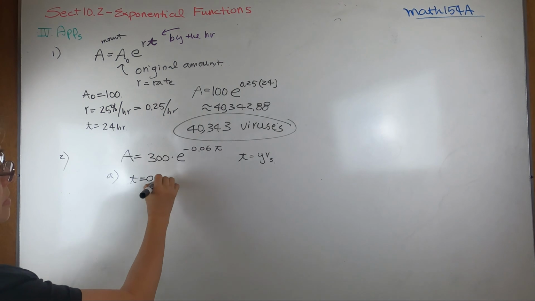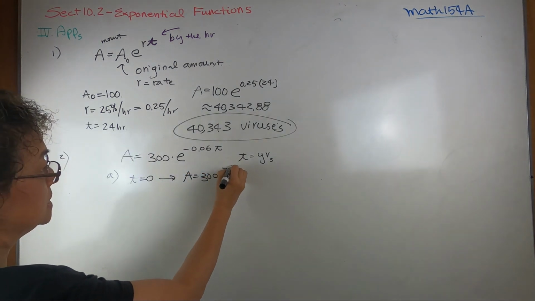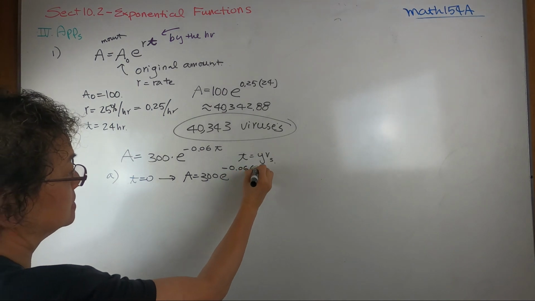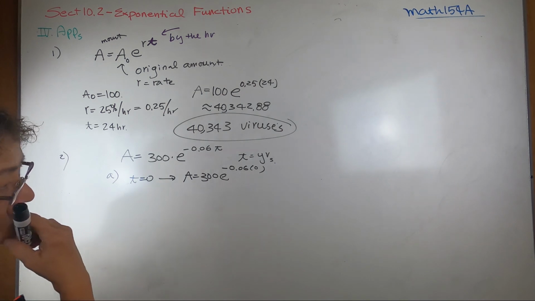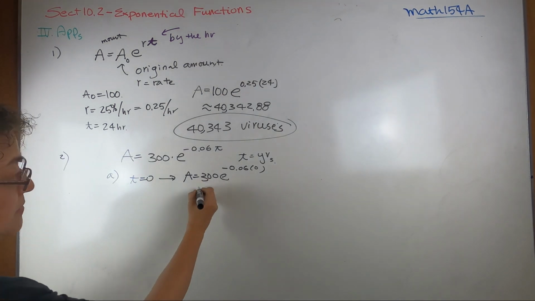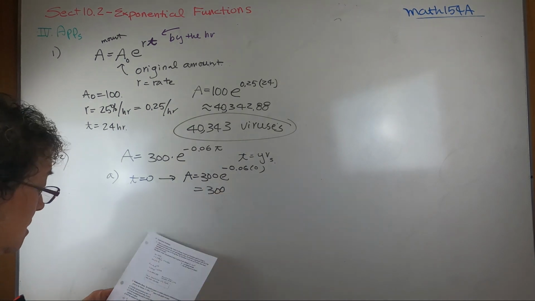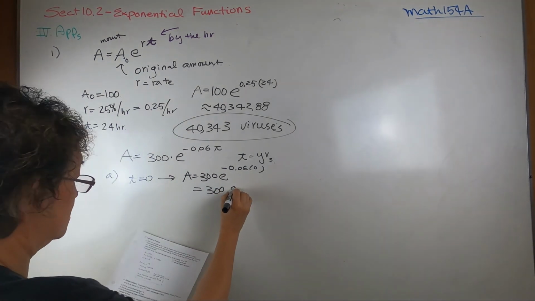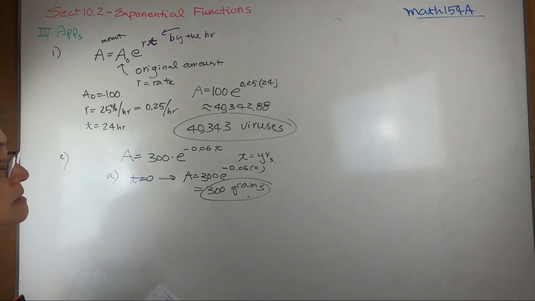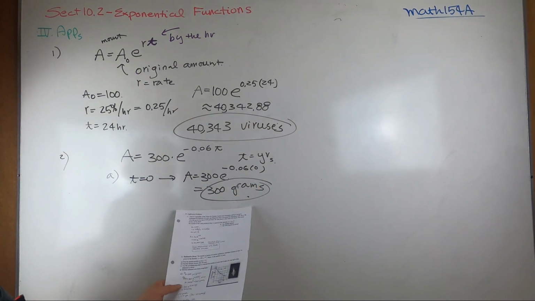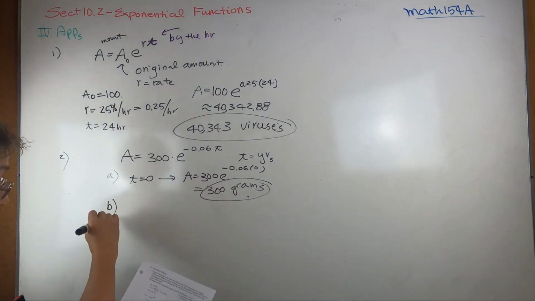You just plug in 300 e to the negative 0.06 times 0, right? E to the 0 is 1, times 300. So you should have 300 grams of substance at the beginning. That's what this formula tells you, right?